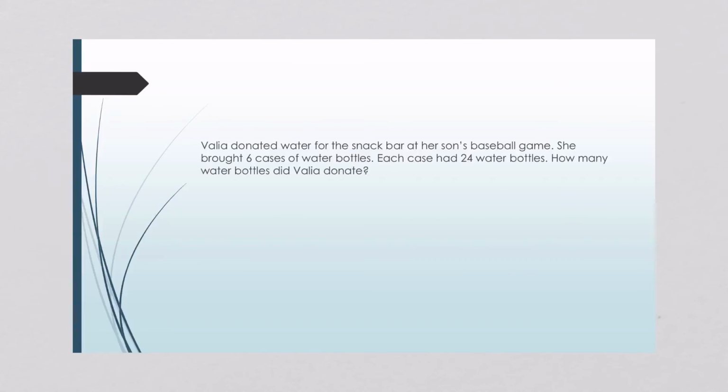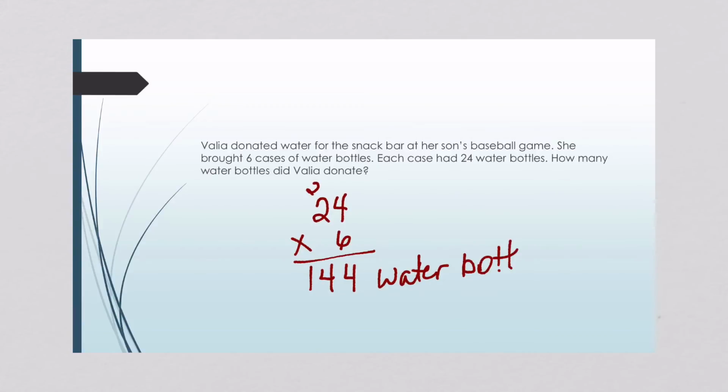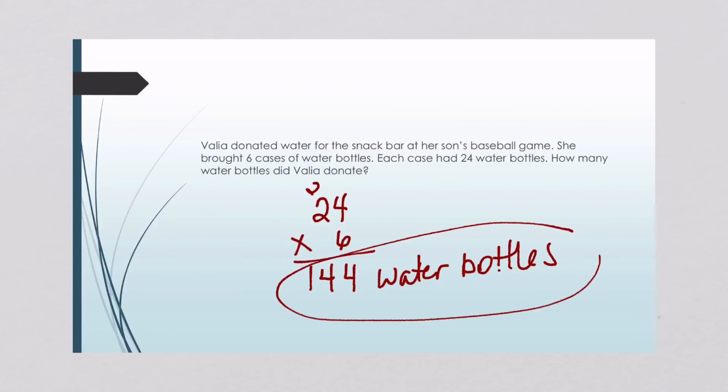It doesn't really matter how you look at that. Or you can just multiply to make this go a little bit quicker. 6 times 4 is 24. Carry your 2. 6 times 2 is 12. Plus 2 is 14. So Valia donated 144 what? You would say 144 water bottles. Always make sure you label with word problems.